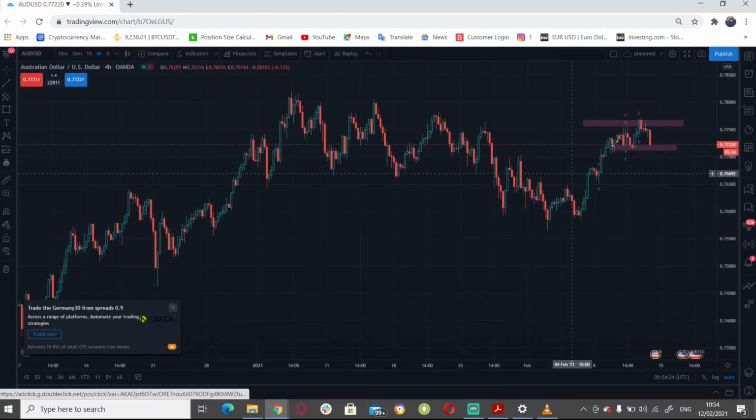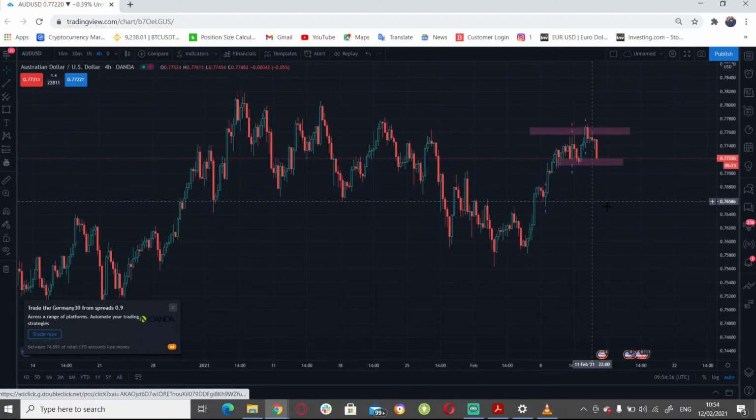You don't have to form new levels. You just reset this after maybe every 3 hours, 4 hours, you do some fresh analysis. But as you can see, the key levels are being respected. So as you can see, price is approaching the support. And now, because we've identified the key level, we know that there's two options.